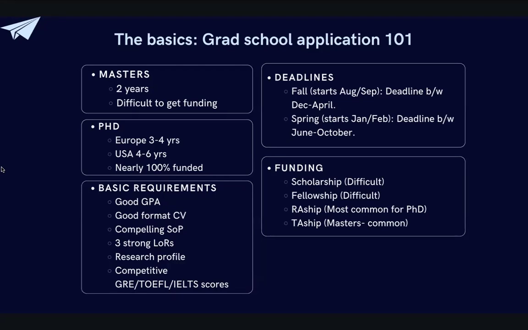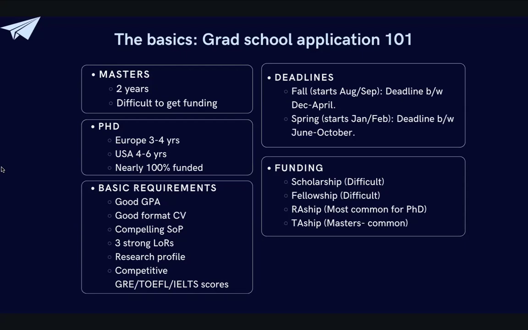If you're not very sure when to apply, which cohort to apply to, I would suggest you go ahead and apply for the fall cohort, because fall cohorts have a larger size, and they almost coincide with the time your summer internships start, and most of the programs have fall cohorts. When you go to the university website and look at the programs, you will see that very few programs have spring cohorts. So unless you have a specific reason to apply for spring, you should opt for fall.